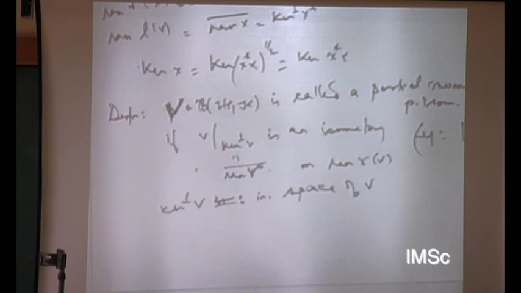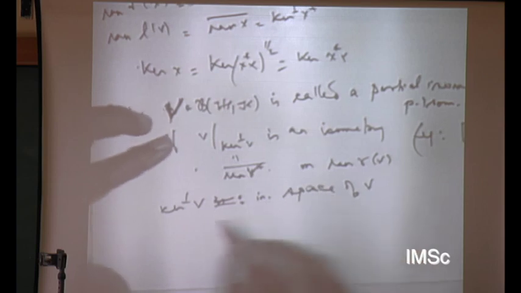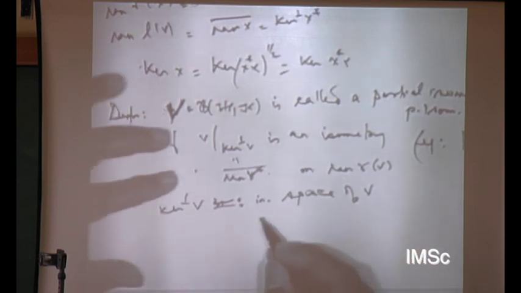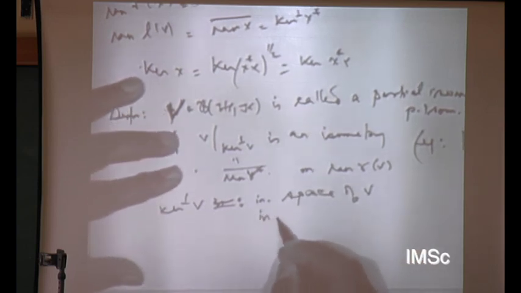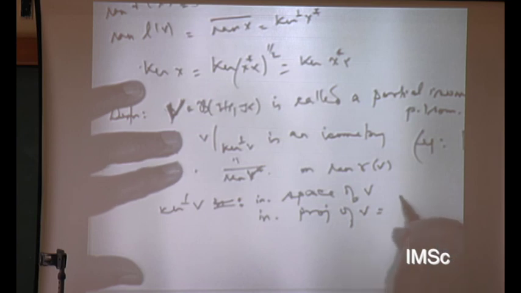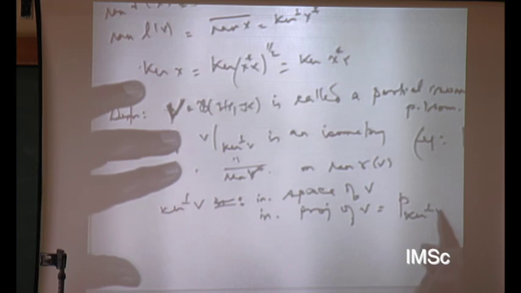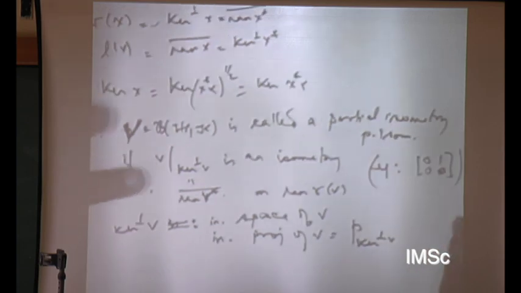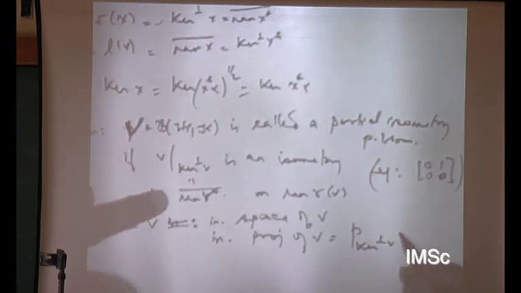That is the uninteresting piece. So the initial space of a partial isometry is the orthogonal complement of its kernel. And we will also use the same thing. We'll talk about the initial projection of V as the projection onto kernel perp V, right? Which we've already seen is RV.